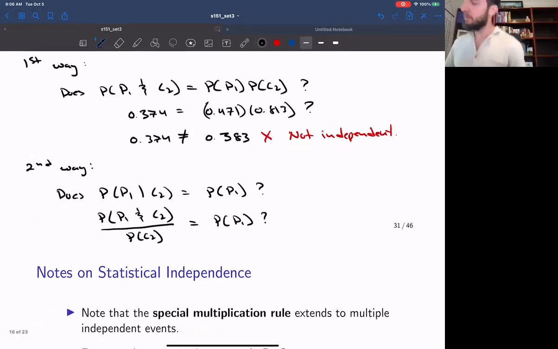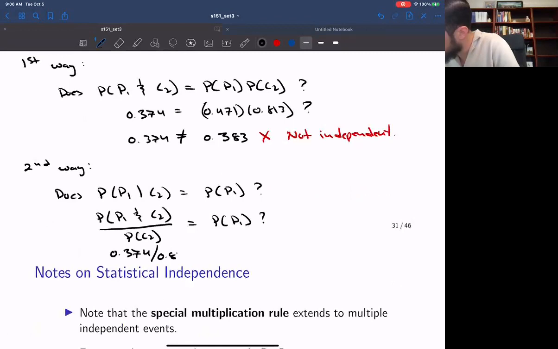So P1 and C2 is 0.374, divided by the probability of C2, 0.813, equal to the probability of P1, 0.471. So this is 0.460, which does not equal 0.471.